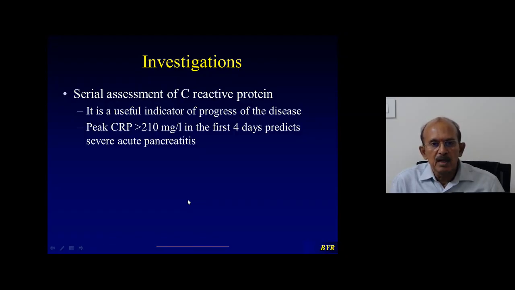Peak CRP of more than 210 milligrams in the first 4 days predicts severe acute pancreatitis. So this is one of the markers for assessment of the severity.